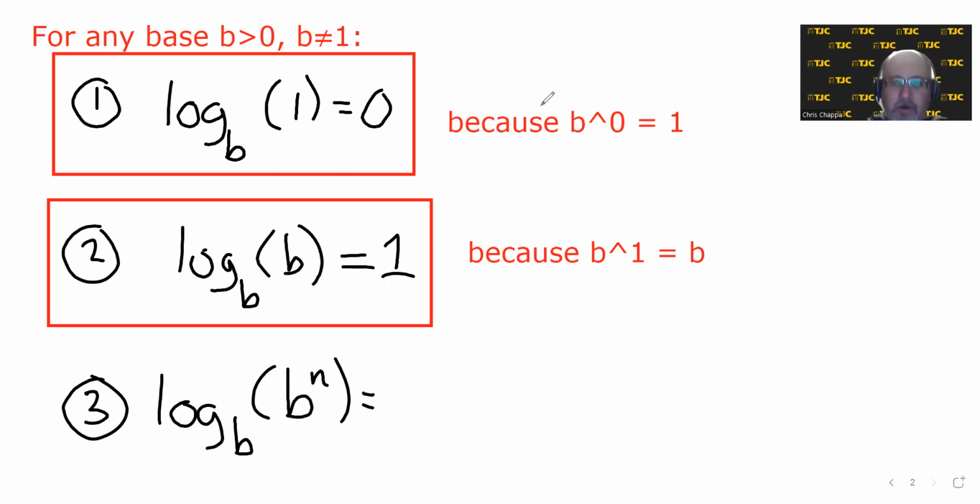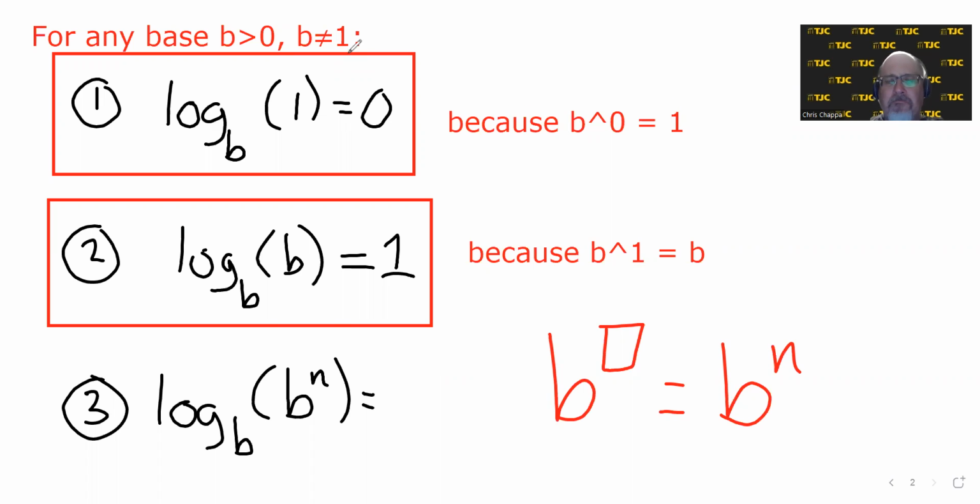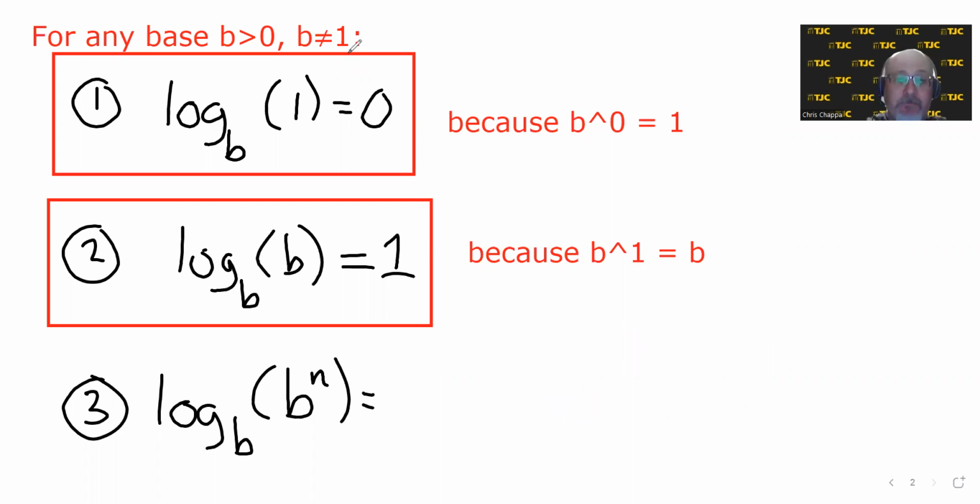What power would you put on b to turn it into b to the nth power? Well, isn't the power I need to turn b into b to the nth power n? That's borderline trivial if you ask the question correctly.